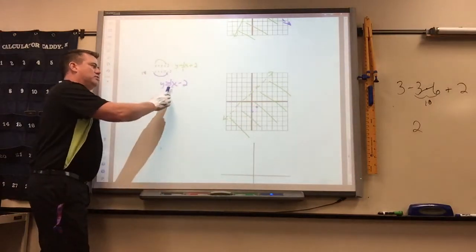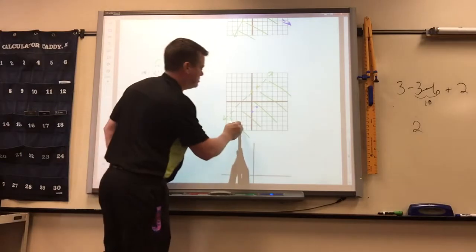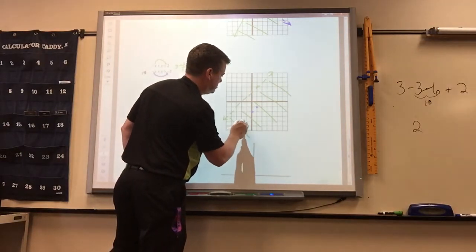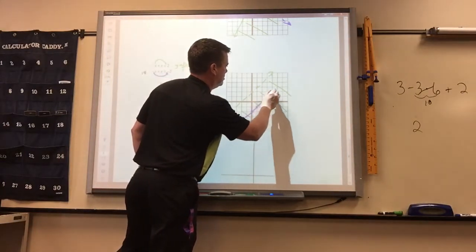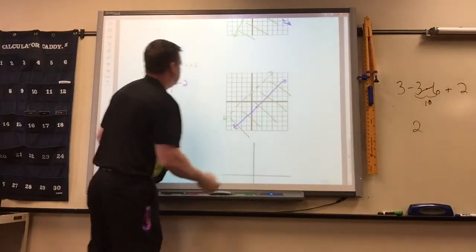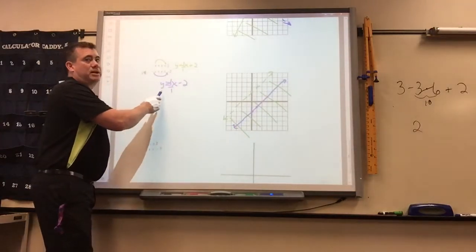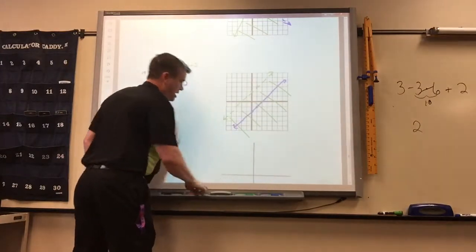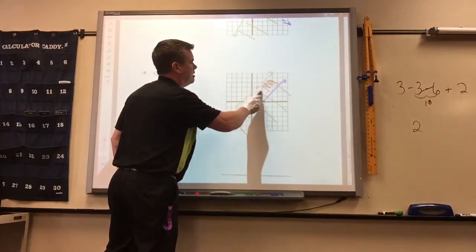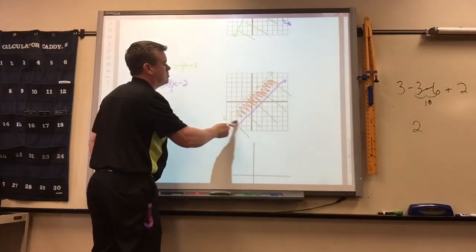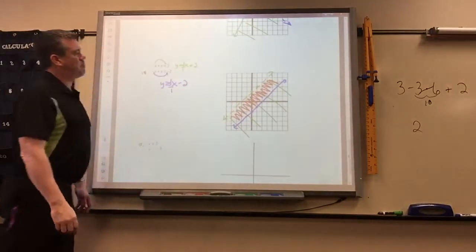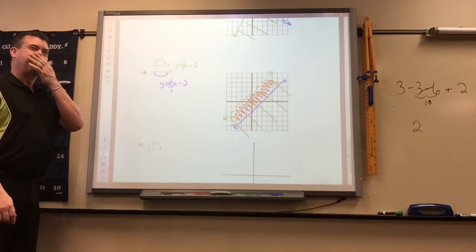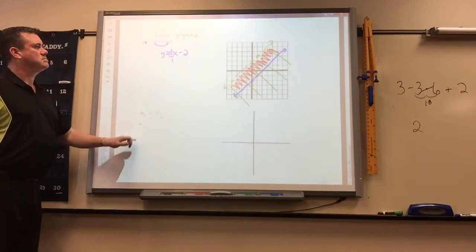But this one is solid. And y is greater than or equal to, so that's above the line. So the part that's shaded by both would be right in between.